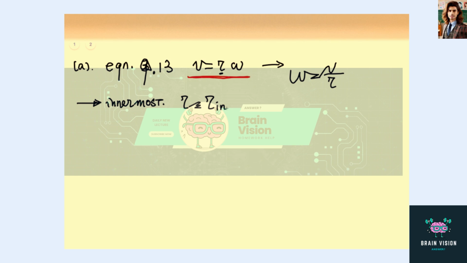So we can obtain omega in equals v over r in, and plug in all the numbers given in the problem.